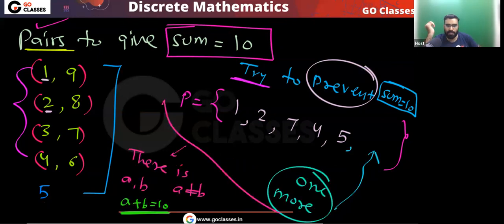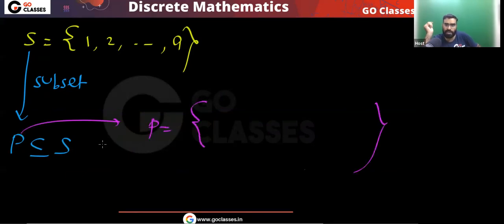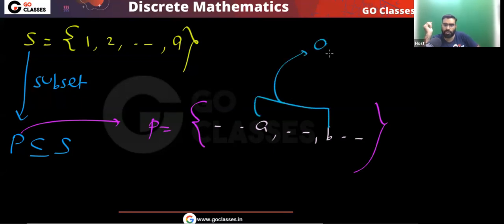I can say, what is the minimum size of P? So this is the final question. Your question was this: 1 to 9, these are the numbers. From this, I create a subset. Understand the question properly. I want to make sure that in this P there are two people whose summation equals 10, with A comma B different.